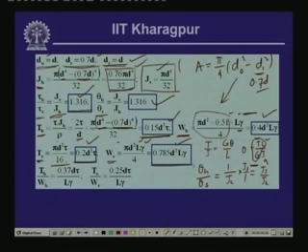Now, if we take the ratios, TH to WH, that means the twisting moment that can be carried by the hollow shaft divided by the weight of the hollow shaft, we get 0.37 times d tau by L gamma, and the twisting moment that can be carried by the solid shaft to its weight is equal to 0.25 times d tau by L gamma.